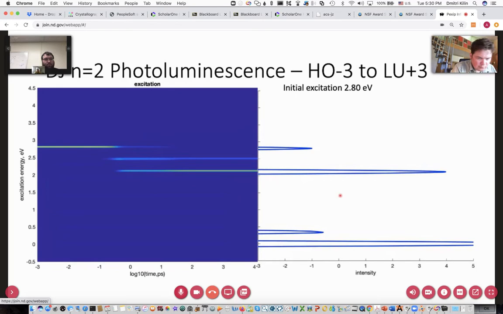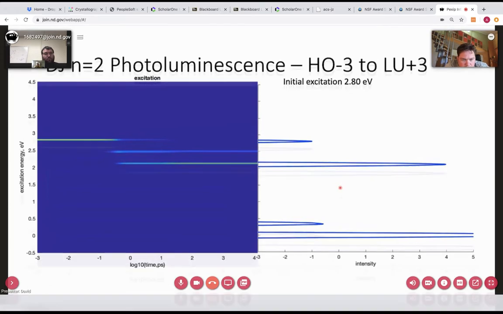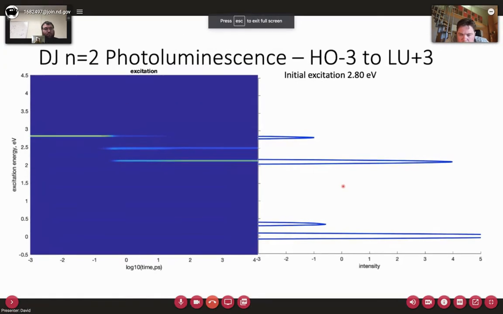Okay, so you need to write log base 10 intensity, or is it okay to write intensity? I'm not sure. I should write log intensity. Okay, I wrote log intensity in my previous paper. Yeah, it should be log intensity. I didn't change that title when I made the graph.